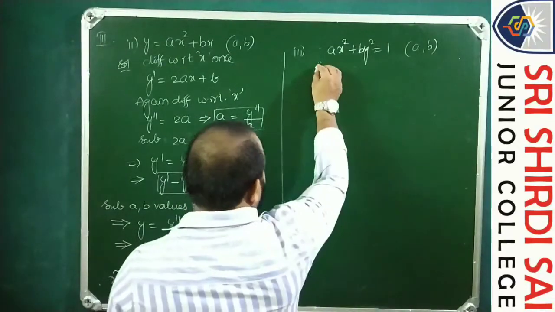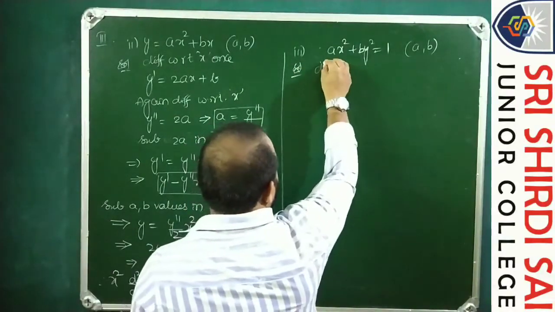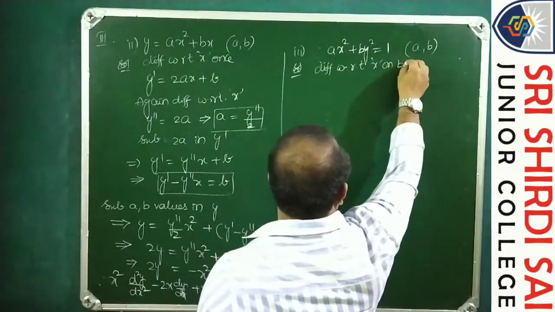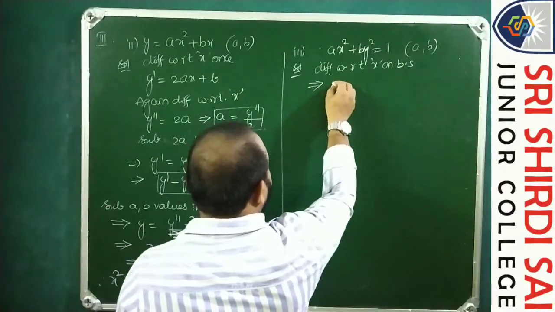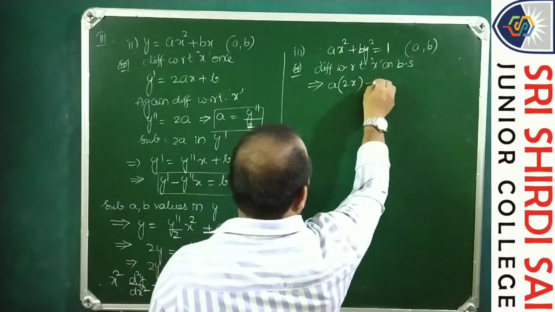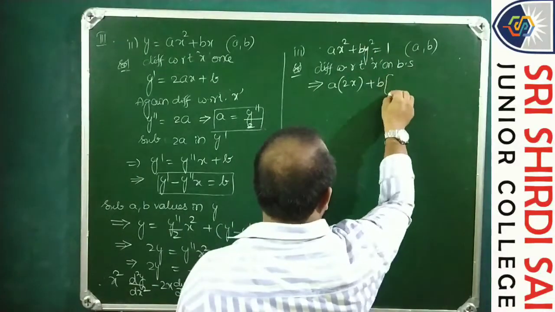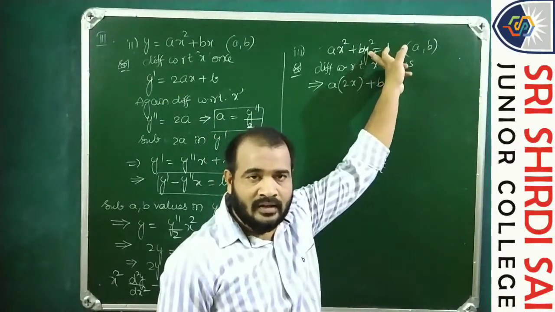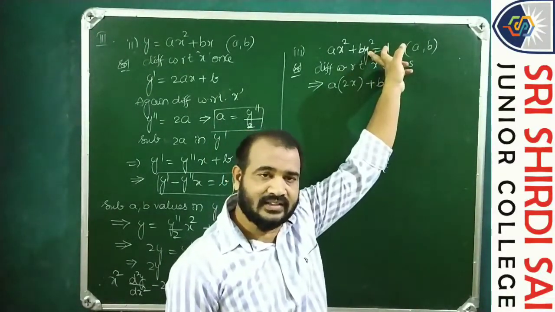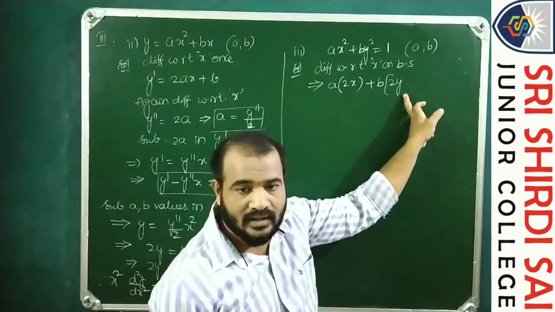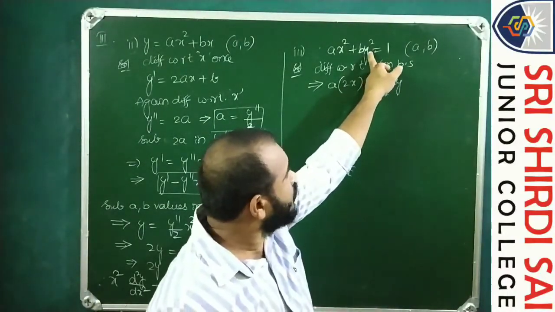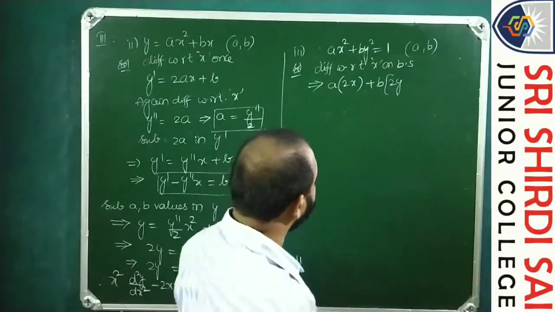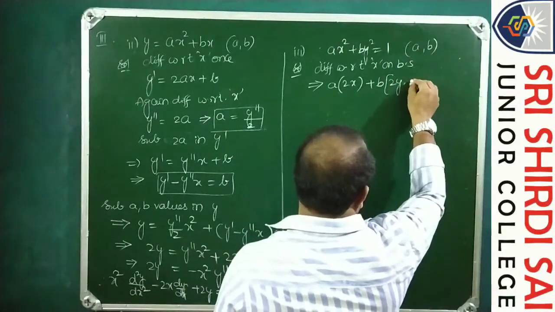Differentiating with respect to x on both sides, the derivative of ax square is 2ax, plus b y square derivative is 2y. Treating y as we treated x, we need to differentiate it later, which gives dy by dx.